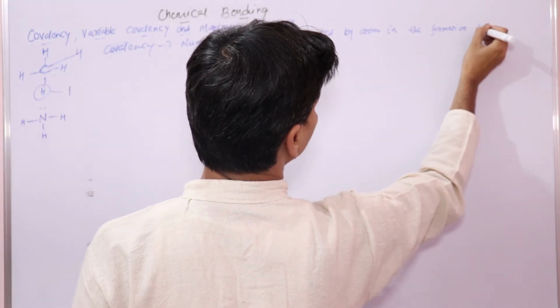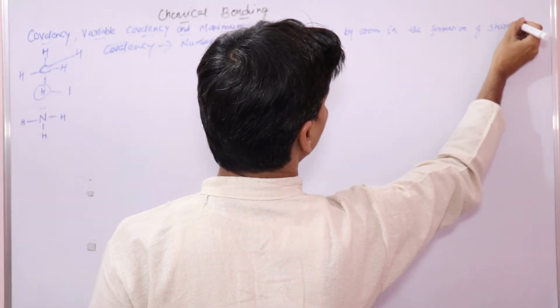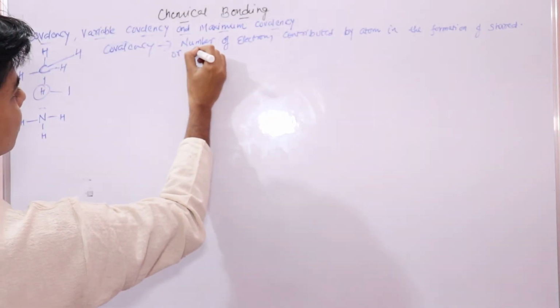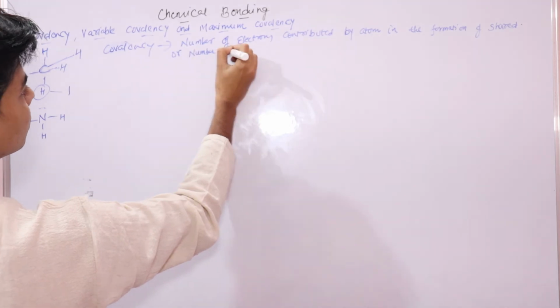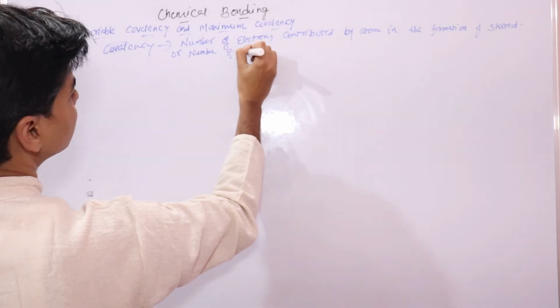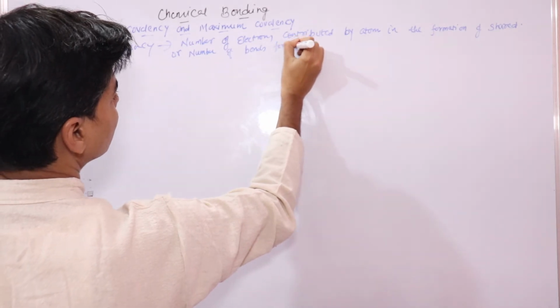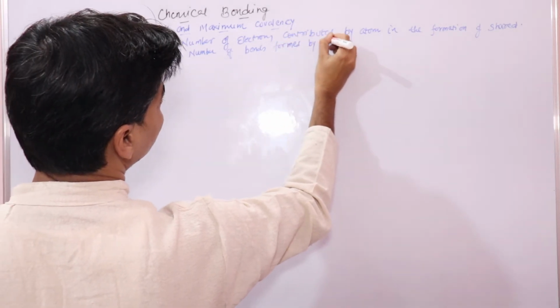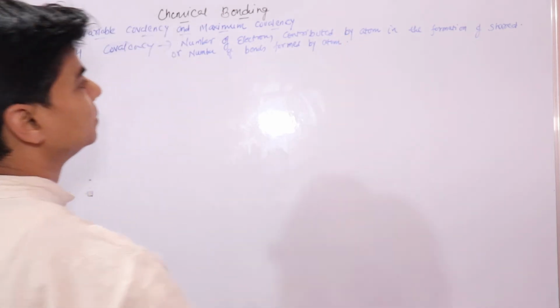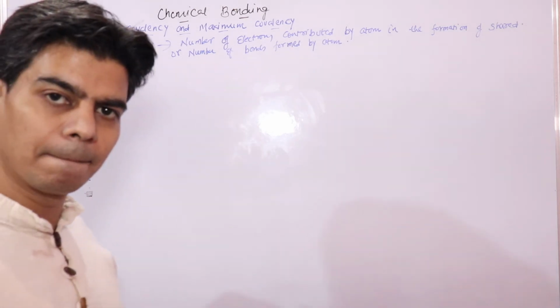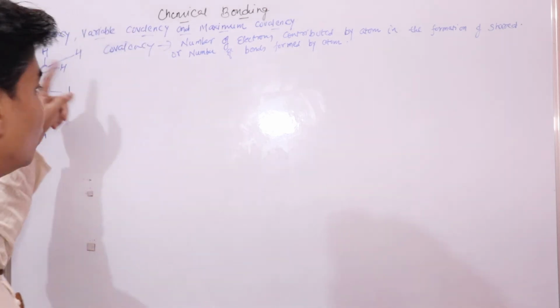Or we may say that it is the number of bonds formed by an atom of an element. So now we are clear about what covalency is and how to find it.